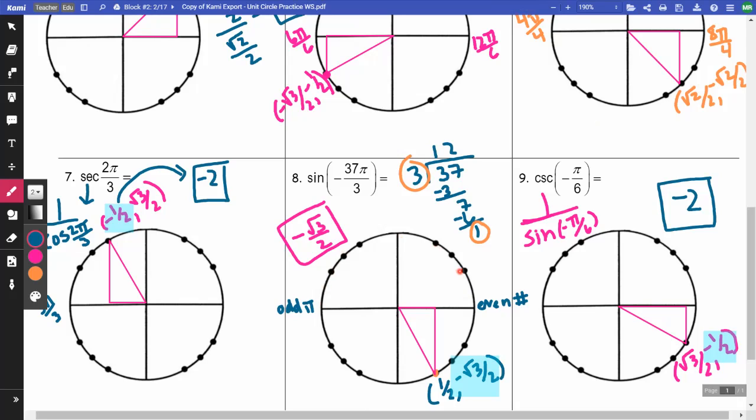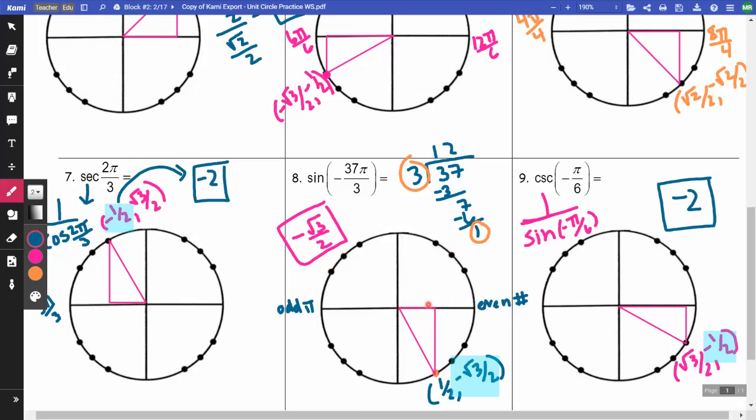Then I'd have 4s, then I'd have thirds. And then you need to remember your root 3 halves, 1/2s, root 2 halves. So again, long, comma, short: root 3 half, comma, 1/2. This is your middle one, root 2 half, to get to your 45 or your pi fourths.